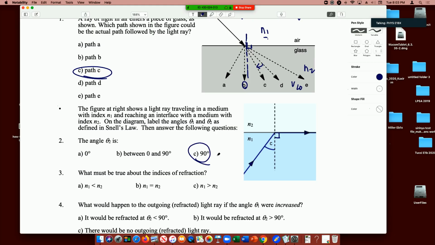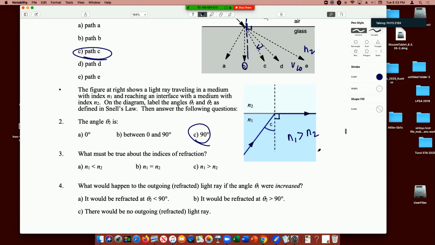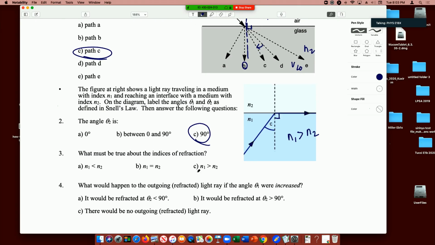Okay, what must be true about the indices of refraction for you to have this kind of situation where you're going here? N1 is clearly bigger than N2, right? Which is choice C. I'm going from, say, water to air.